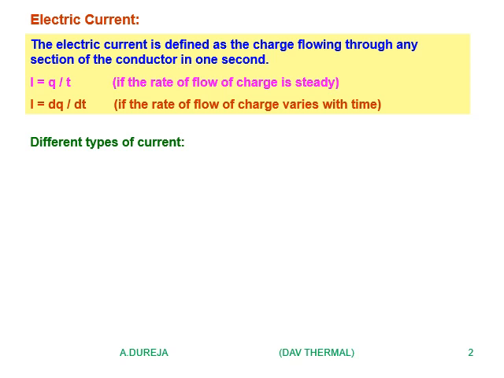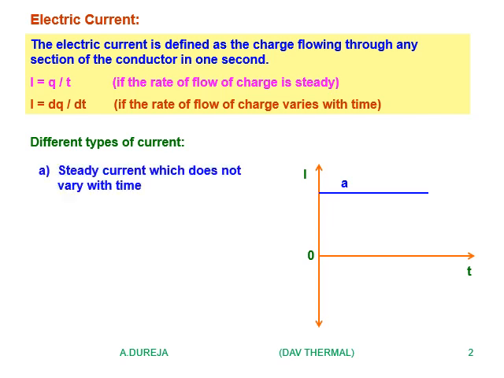Now, different types of current. Let's plot an I-T graph. The A part of the graph represents the steady currents, which means they don't vary with time.